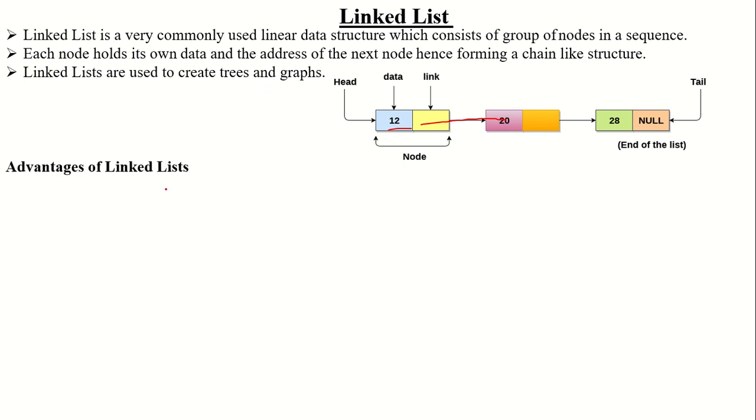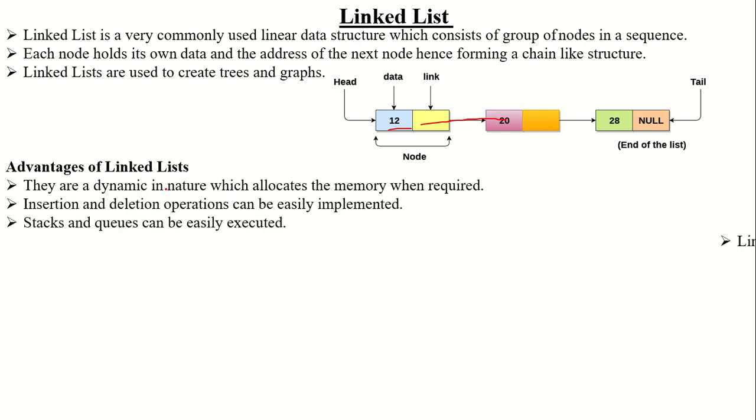What is the advantage of a linked list? You know very well that linked lists are created dynamically. It means we run the program, and at runtime we decide what types of node we require, what data we want, and whether we insert or add data or not. So at runtime we simply define a node and add the node as per our requirement.